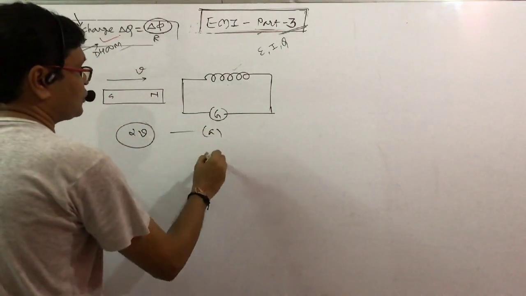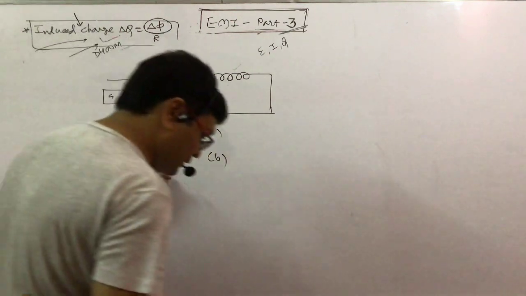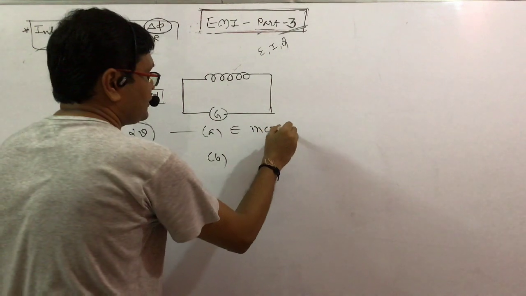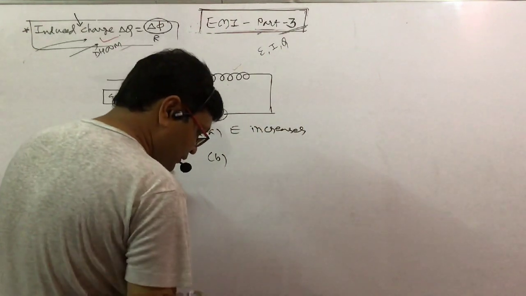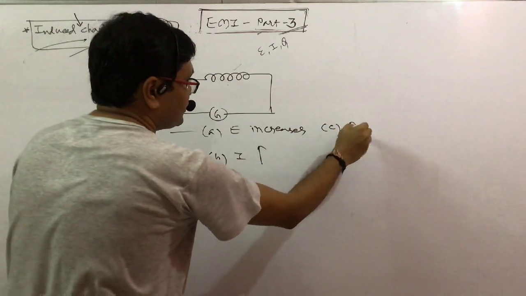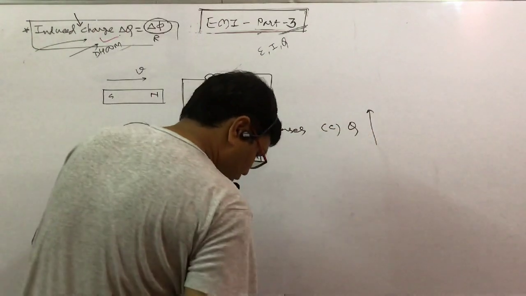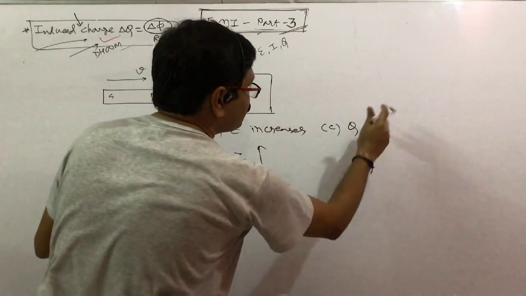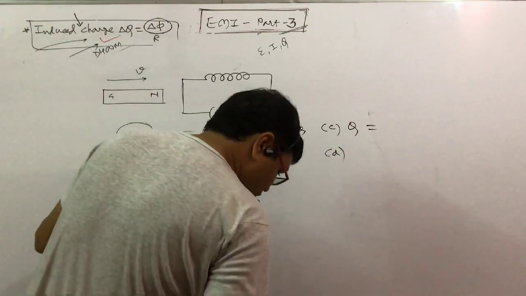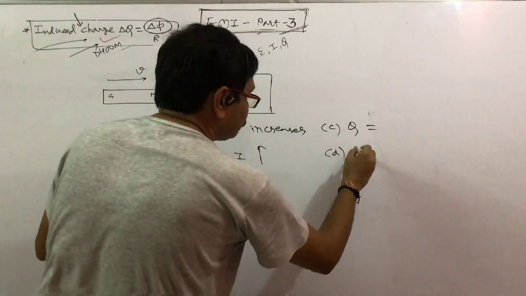So there are four statements given, A, B, C, D. A: induced EMF increases. B: induced current increases. C: induced charge remains constant. D: induced charge decreases.